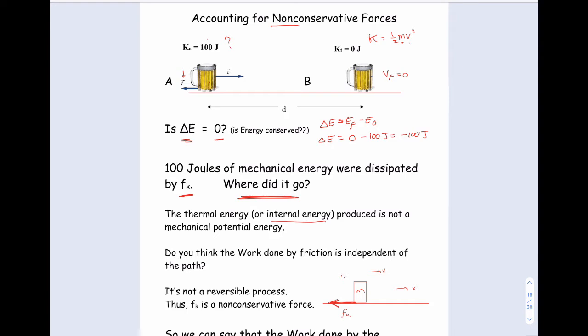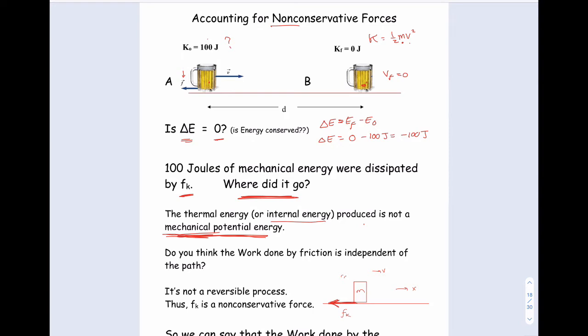That thermal energy produced when the thing slides across the table is not a mechanical potential energy. Meaning, as that thing slides and stops here, the cup gets warm, the table gets warm. There's nothing stored. I don't get any type of motion back.